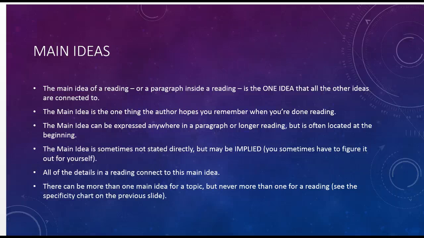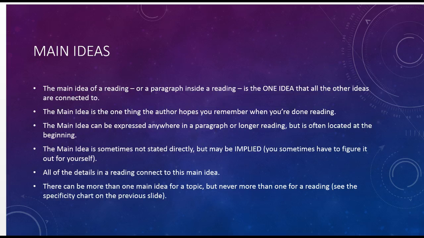Let's take a look at this chapter in The Art of Critical Reading. The main idea is main ideas. The chapter on inference, the topic is inference. The main idea is how do you make inferences and understand inferences. Okay? So the main idea is the one thing the author hopes you remember when you're done reading.